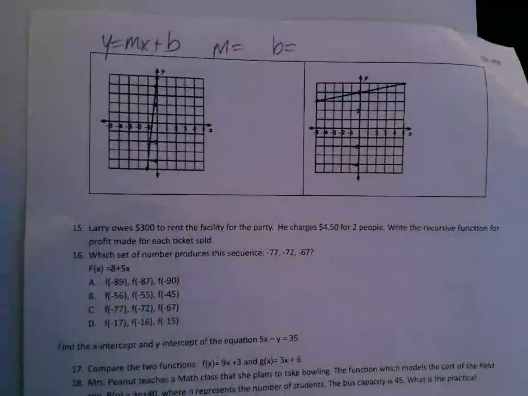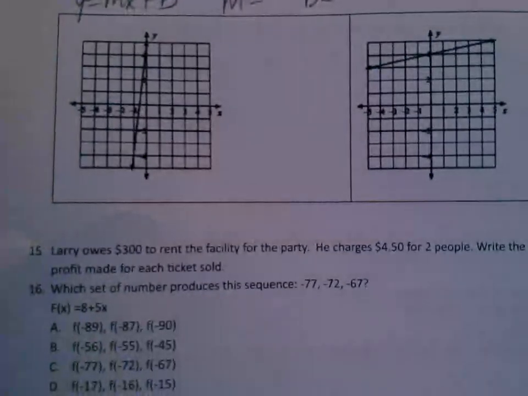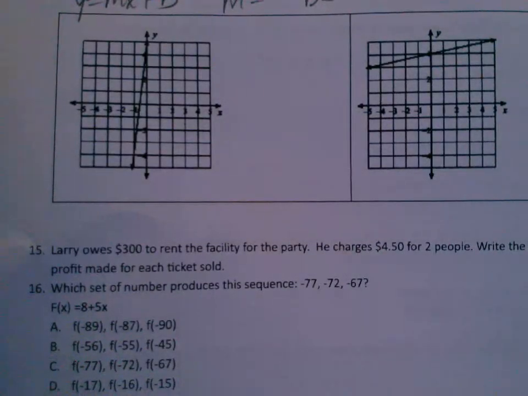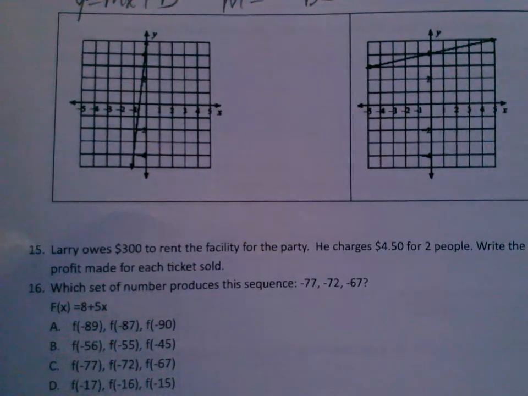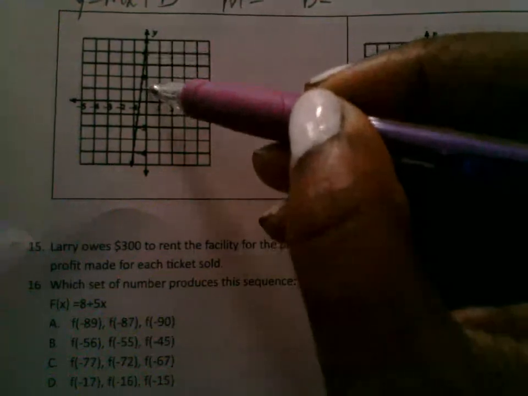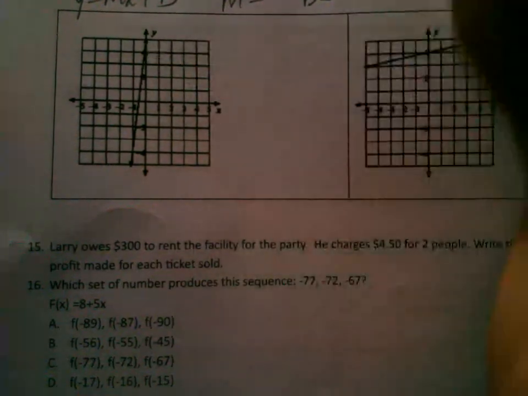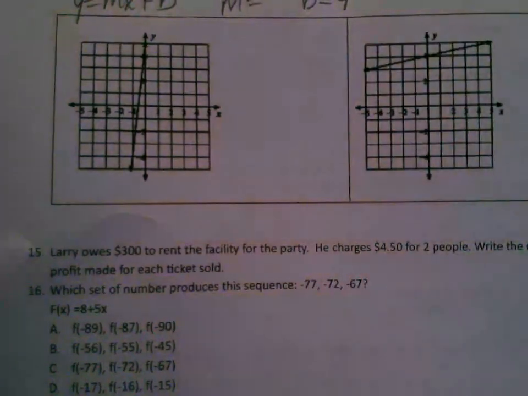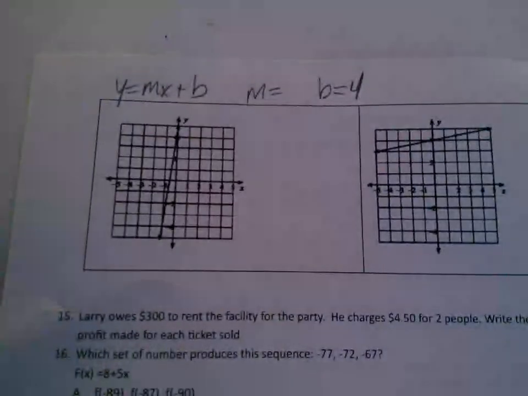So looking at this very closely, where does the line cross the y-axis? You think it crosses at 4? Okay, let's look. It crosses up here. It's 1, 2, 3. It does. So your b is 4. Okay? b is positive 4. So now let's identify the slope.